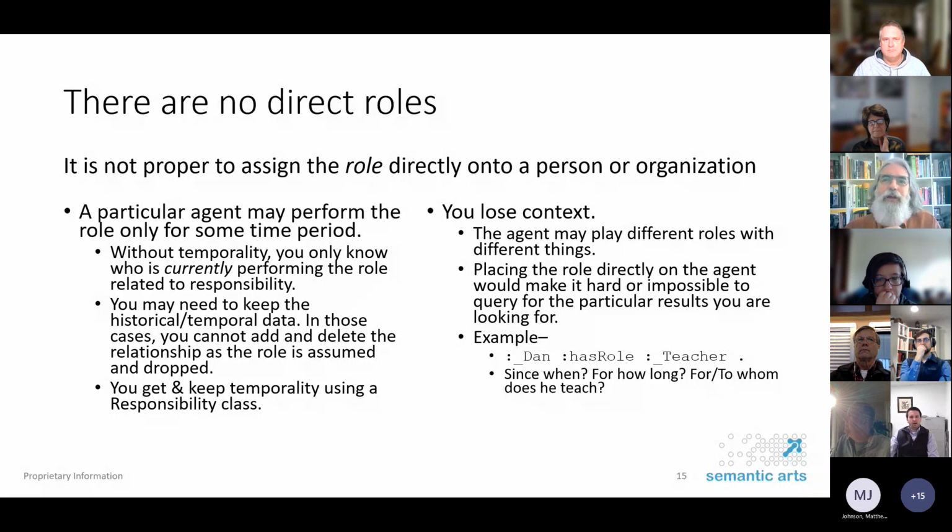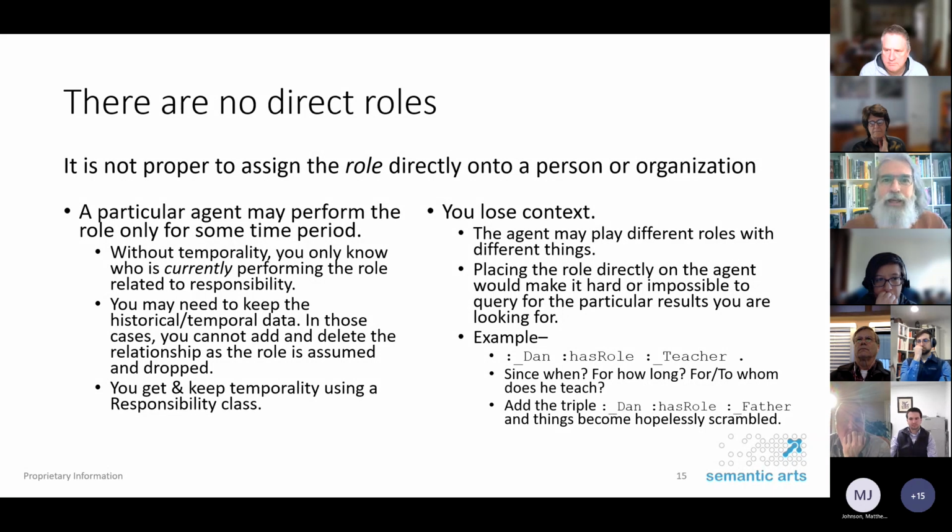And then let's say we also put in the triple, Dan has role of father. Now, if you say, what roles is Dan playing? Well, he's a teacher and a father. And again, it's like, really, to whom and which one? So you really need that.